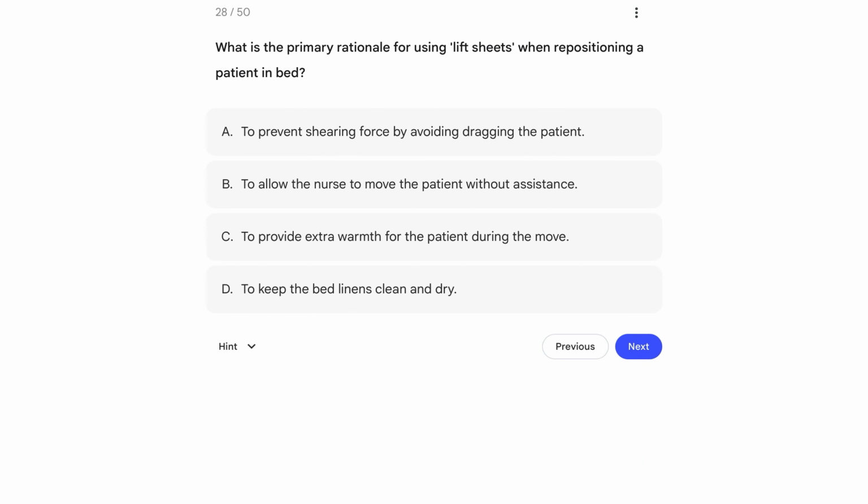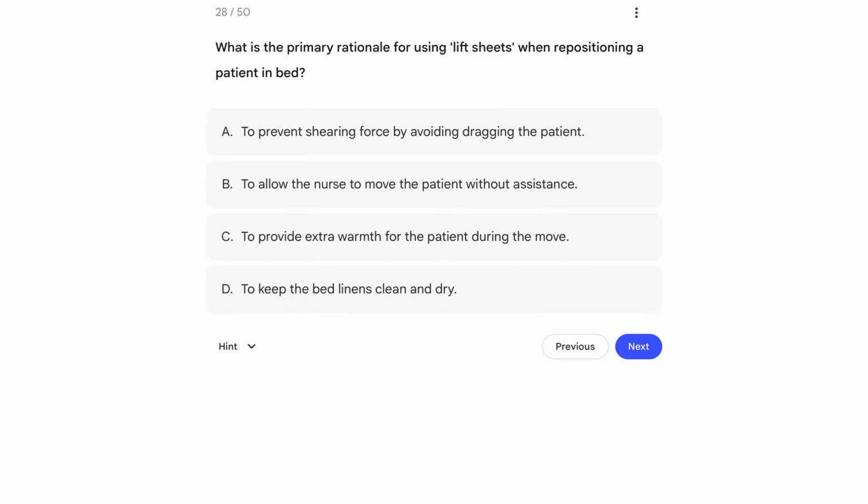Next, 28th question, last 2 questions remaining. After this, what is the primary rationale? Rationale means reason. What is the primary reason for using the lift sheets when repositioning a patient in bed? Option A, to prevent the shearing force by avoiding dragging the patient.